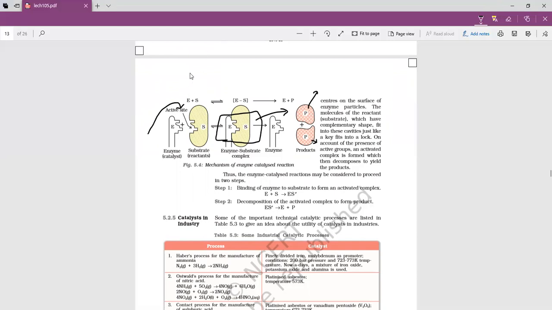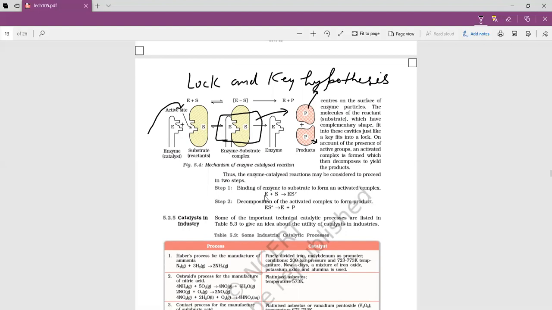So this is called the lock and key hypothesis. For every enzyme, if you see the biochemical structure and the molecular mechanism of the reaction, it will be very long. This is just an analogy at this level for you to understand how enzyme and substrate work.